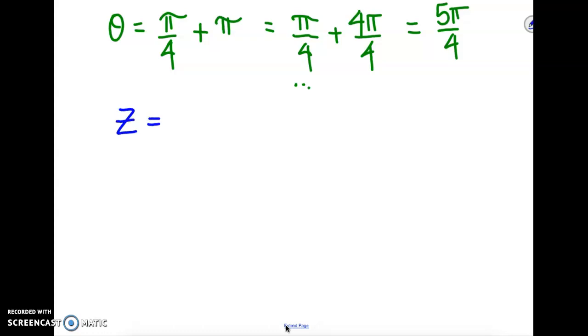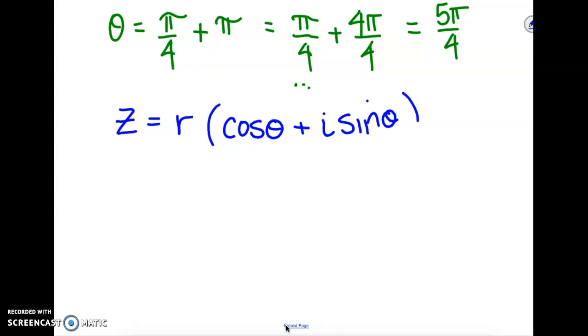So the formula is Z equals R, that distance from the origin to the complex number, parentheses, cosine of the angle theta, which we just found to be 5 pi over 4, plus I sine of theta, that angle.